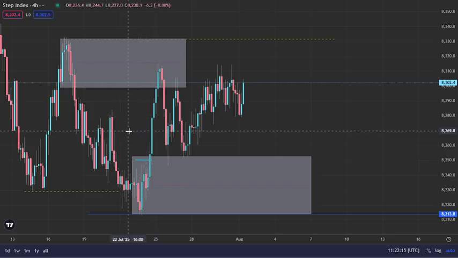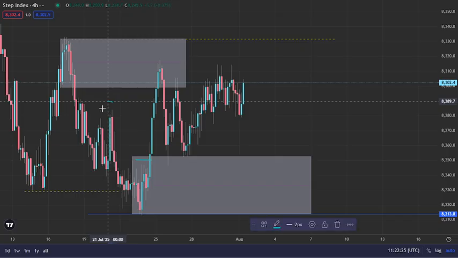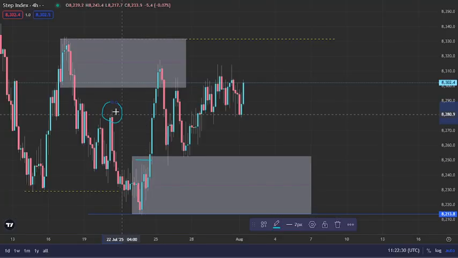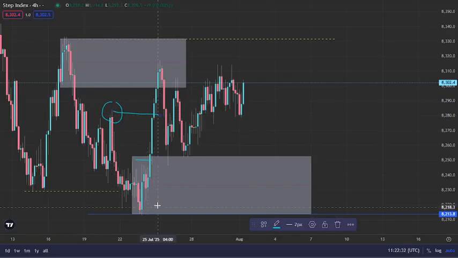When the strong internal structure breaks, it signals the start or end of the swing pullback. So here is the strong internal structure, but the moment we break this, the roles switch to here.